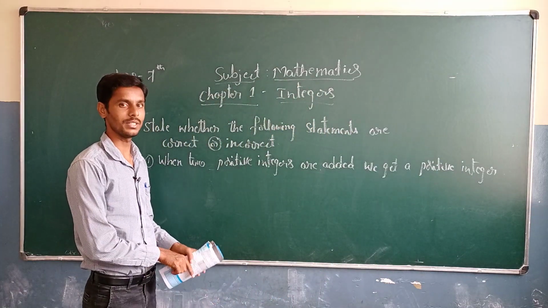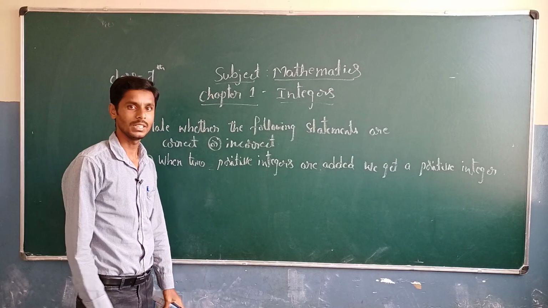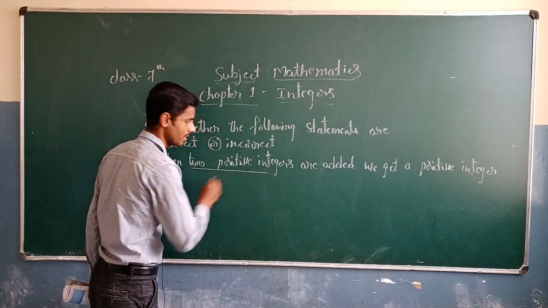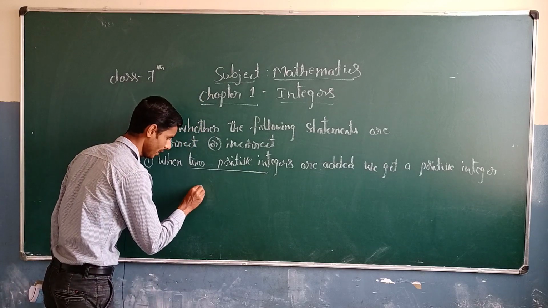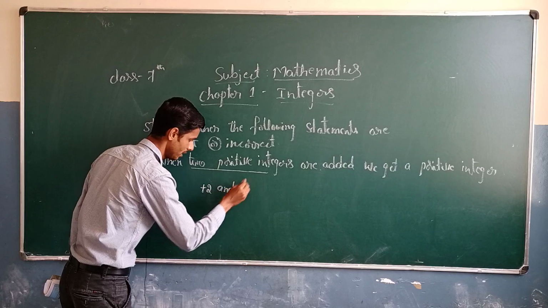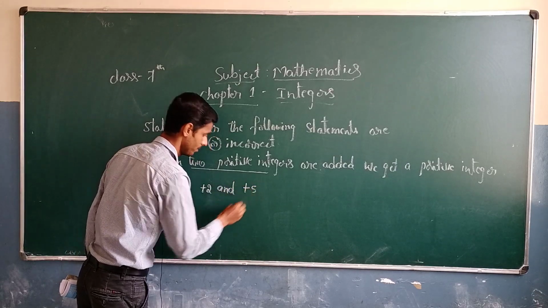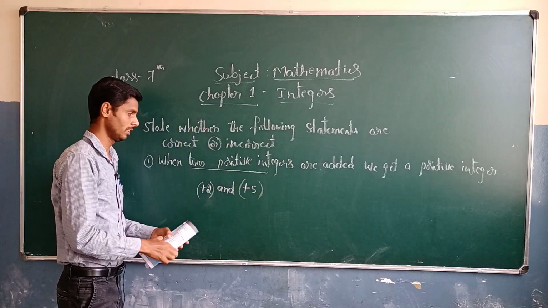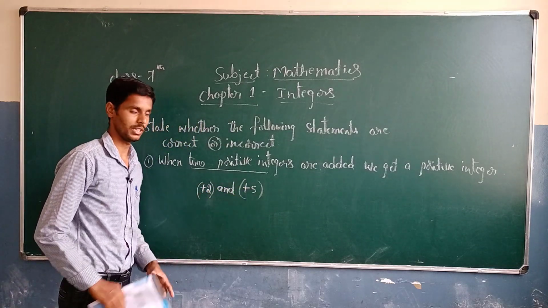Let us verify this statement by an example. Two positive integers here. Let us take plus 2 and plus 5. These two are the two positive integers.